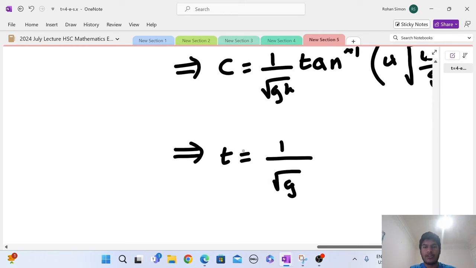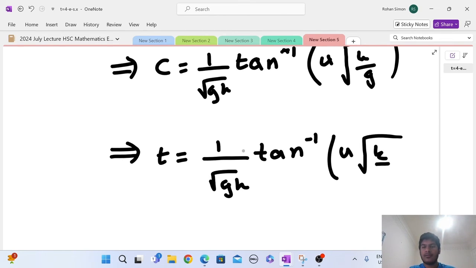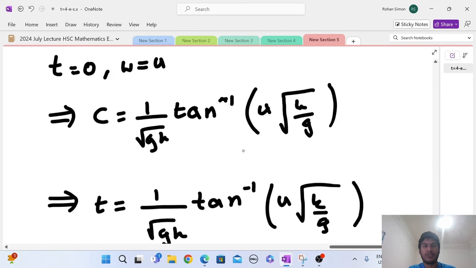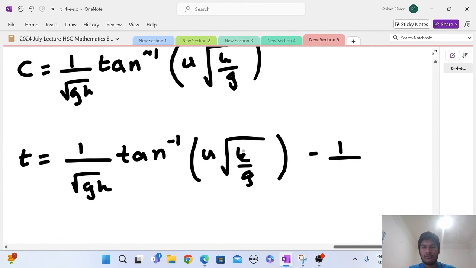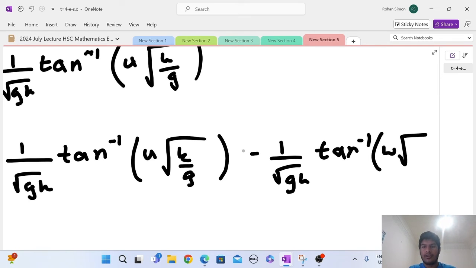Now this is a longish expression, but you just have to be careful with things.